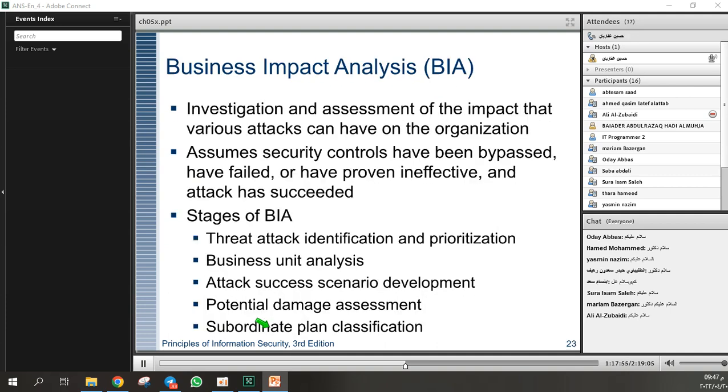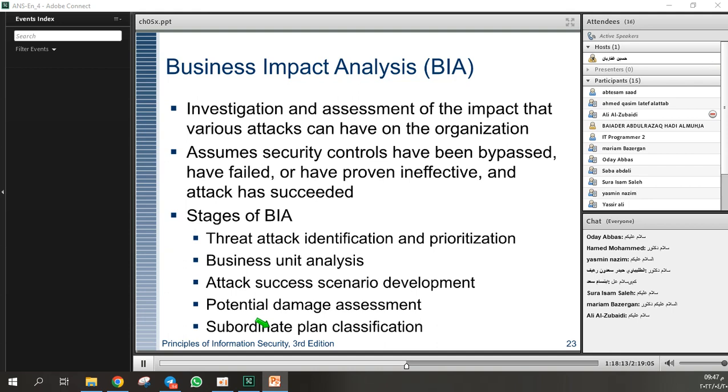But before talking about those items, IRP, DRP, and BCP, in more detail, let me talk about this slide. My company receives an attack.